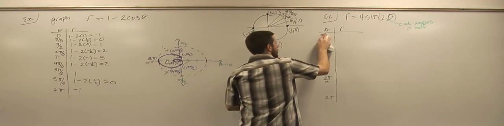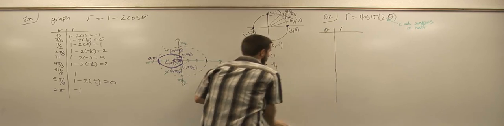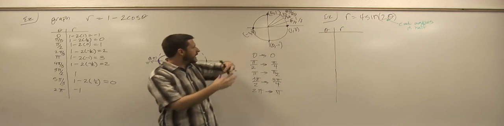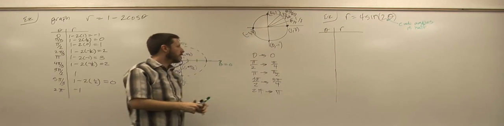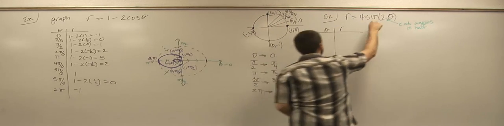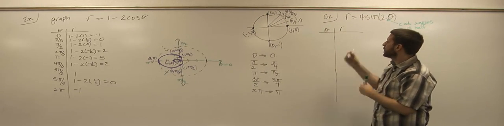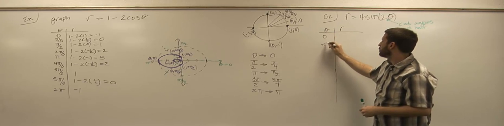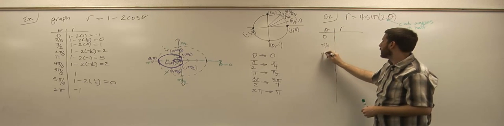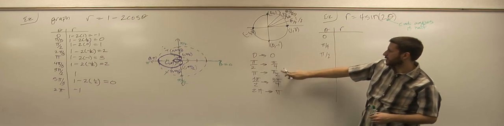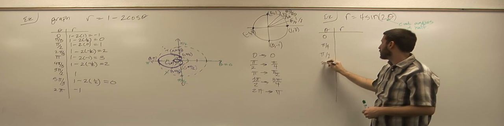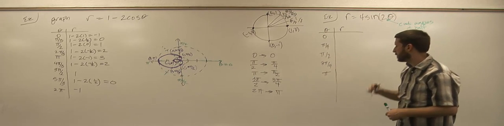So instead of using my axis angles, I'm going to cut all of those in half to make up for this multiplication by 2 and go 0, pi over 4, pi over 2, I'm just copying these. 3 pi over 4, pi.